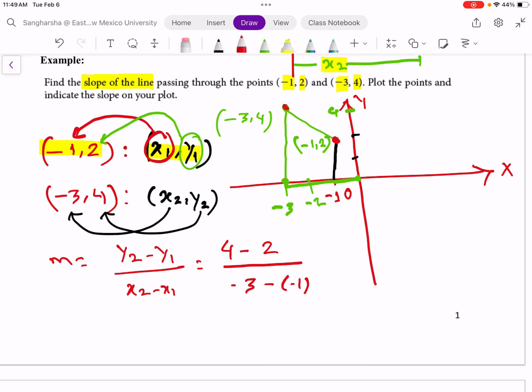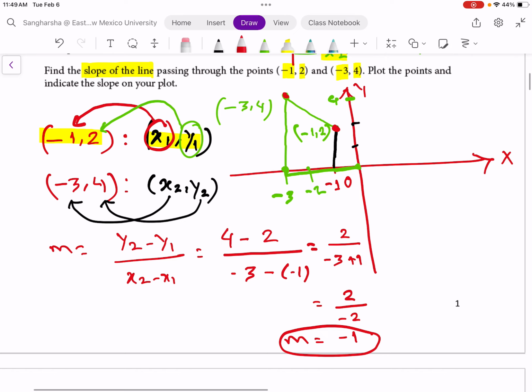So we have 4 minus 2, which is 2, divided by negative 3, and negative times negative 1 is positive 1. So we have 2 divided by negative 3 plus 1, that is negative 2. So the slope of this line is negative 1.